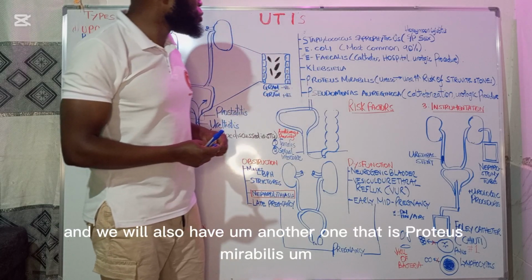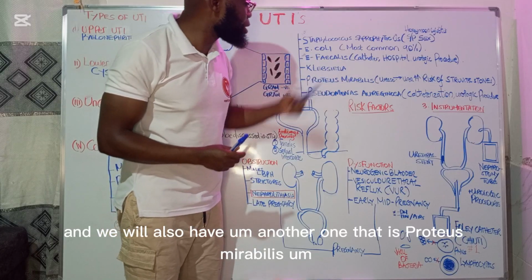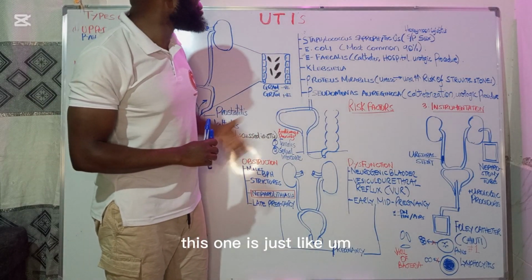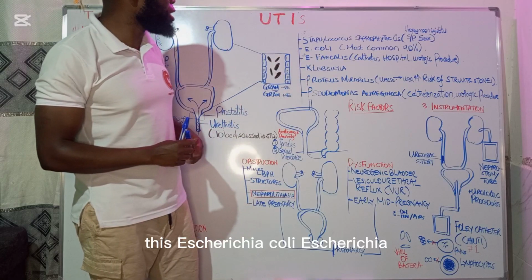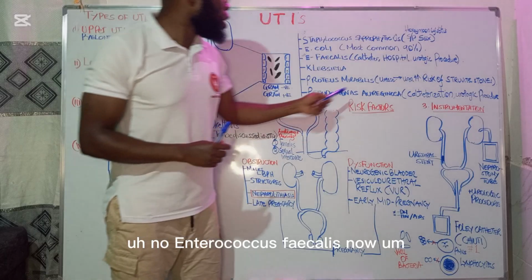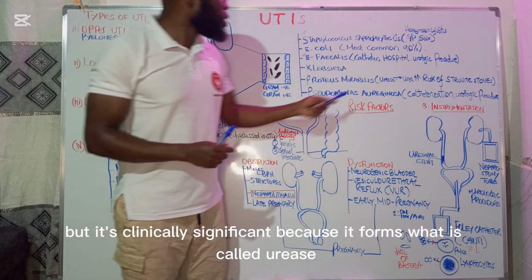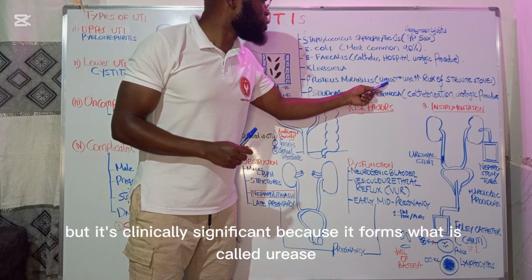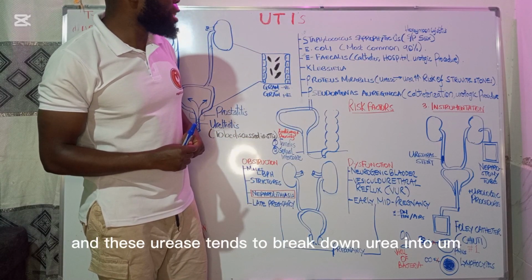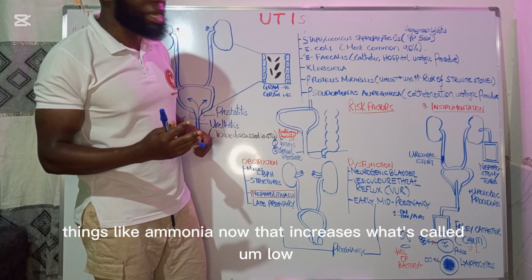Okay, and we will also have another one that is Proteus mirabilis for P. But it's clinically significant because it forms what is called urease. This enzyme, urease, tends to break down urea into things like ammonia.